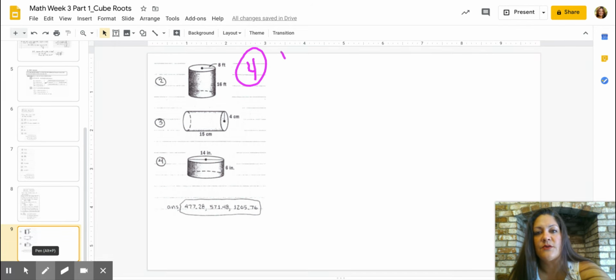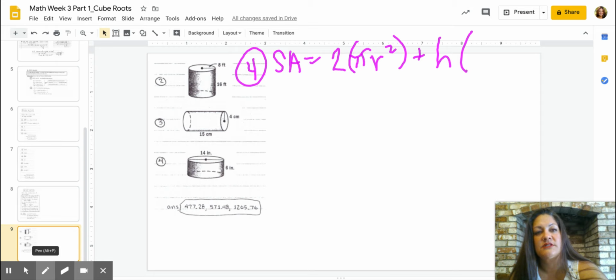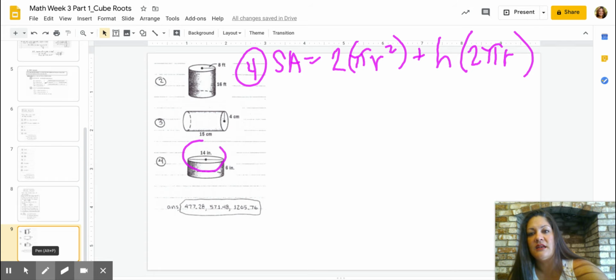Here is our formula. Surface area equals 2, and that's because we have 2 circles. Area of a circle is pi r squared, plus length times height. So we have a height times 2 pi r. And now that I'm looking at it, we have a diameter.